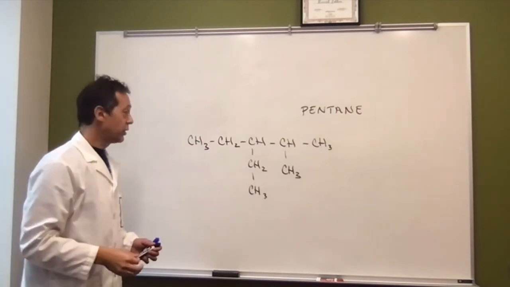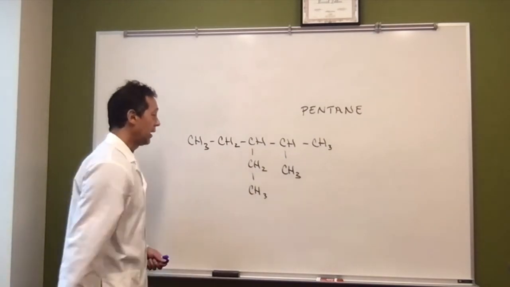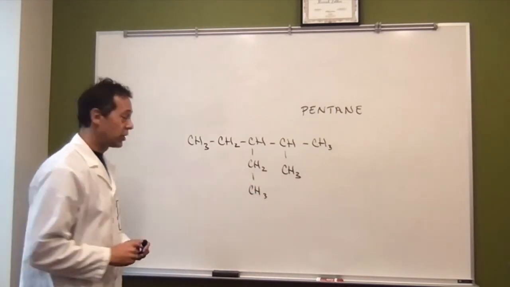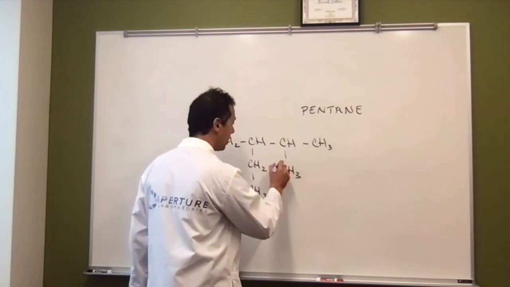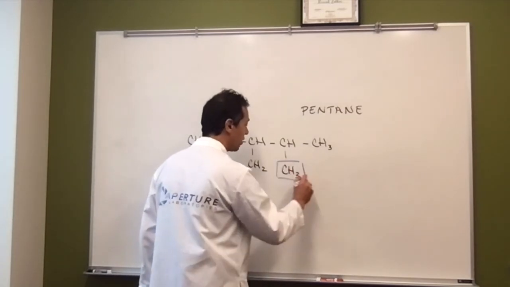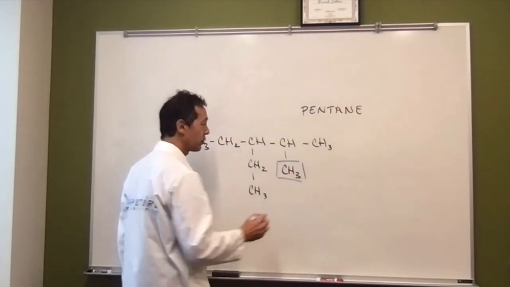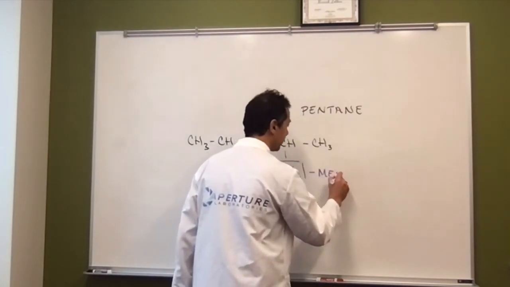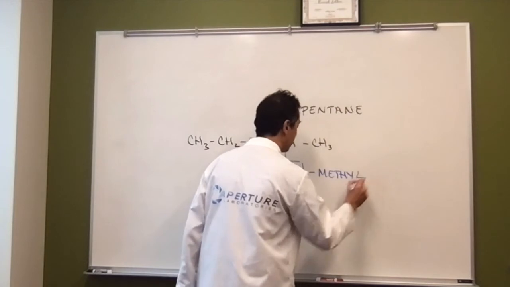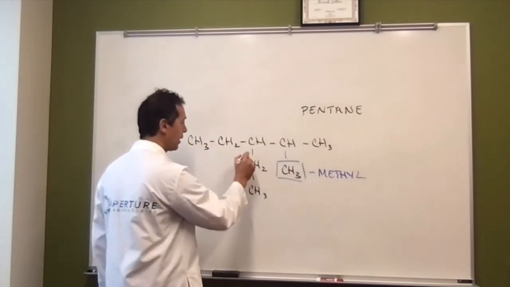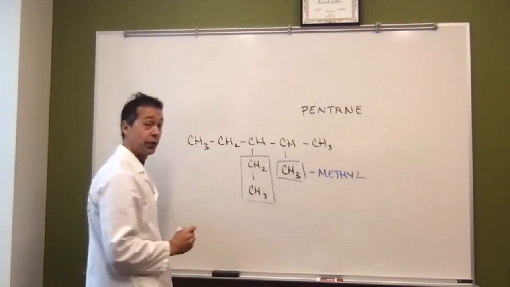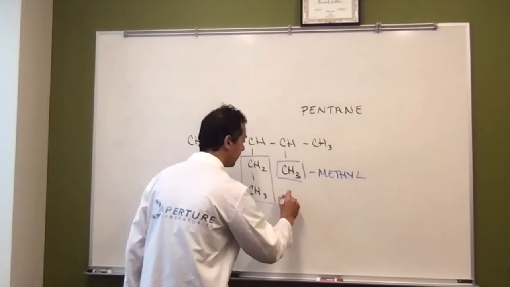And now we're going to have to number this, and we're going to have to name these substituents. So let's start out with naming these substituents. This one here, we've got a single carbon atom, so this one is methyl. And then we've got 2 carbon atoms here, and so this becomes ethyl.